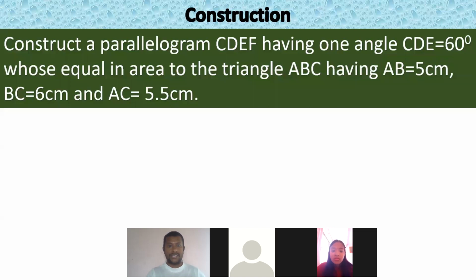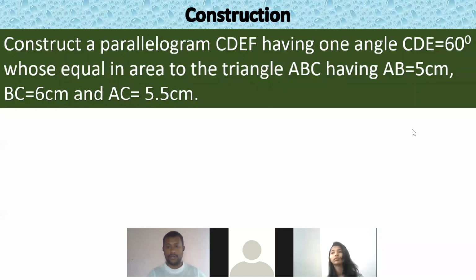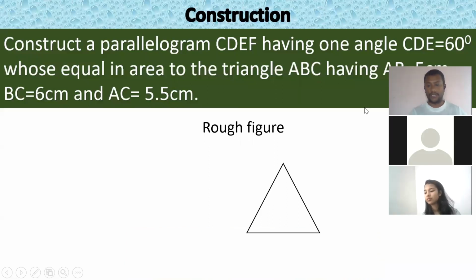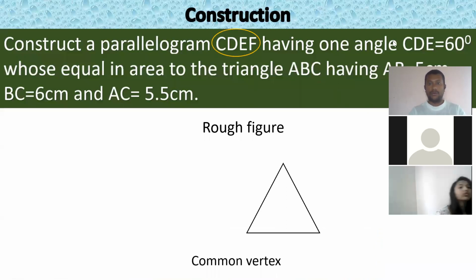So first of all, we are going to sketch the rough figure. So let's try to draw the rough figure. First of all, we need to construct a triangle. Before constructing the triangle, we need to see the common between triangle and parallelogram, CDEF and ABC.